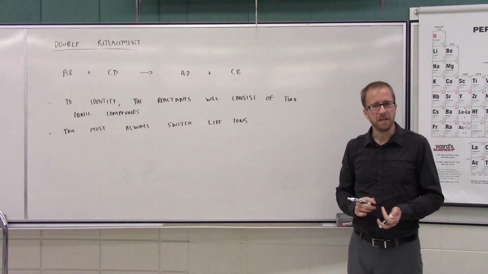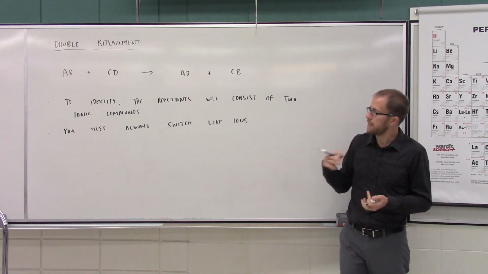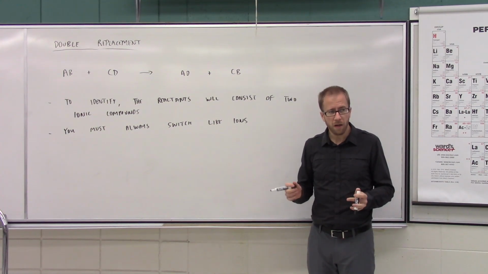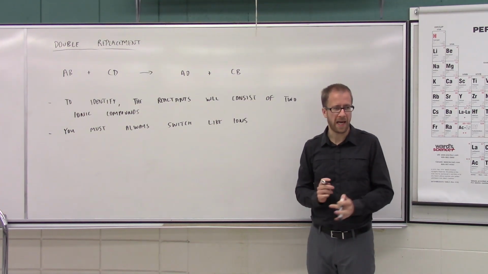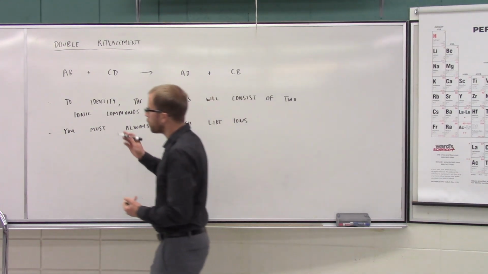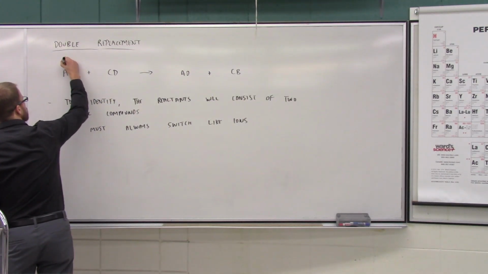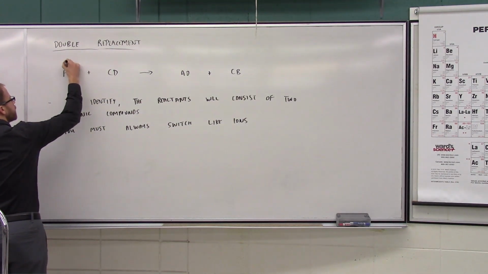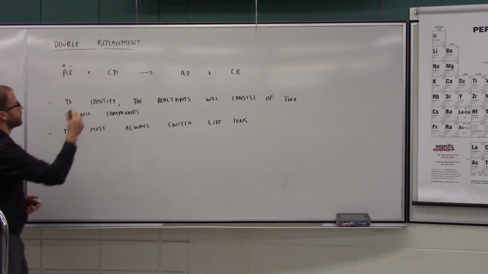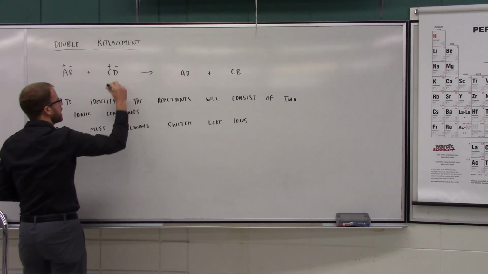Now the thing that makes this, in my mind, a little easier than single replacement is in an ionic compound, what comes first, the cation or the anion? When we list them, what comes first? The cation, right? So you don't even need to really think about the charges at all because it is implicit within the way you've written your formula down, right? So cation, anion, cation, anion.